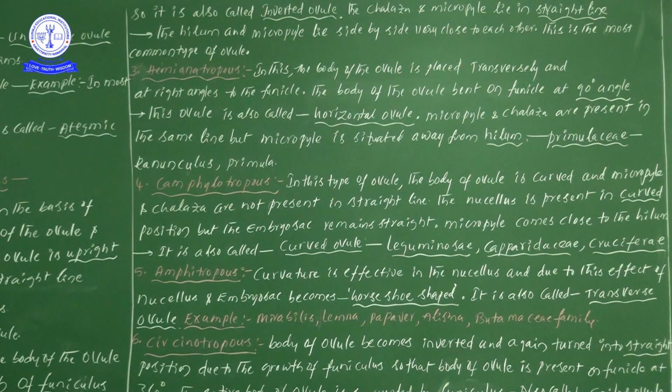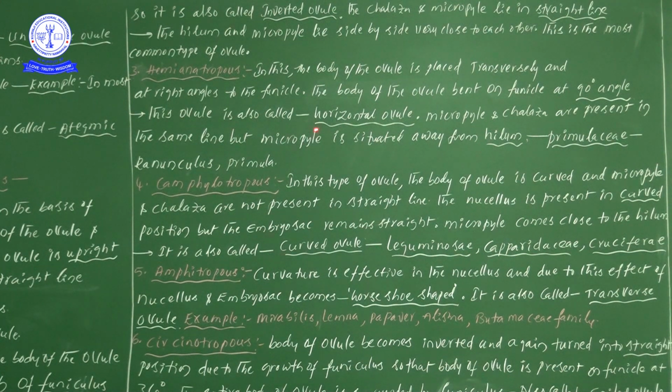Right angles to the funicle. Next, the body of the ovule is bent on the funicle at 90 degrees, which means perpendicular. On the funicle line we can see the body of the ovule arranged at 90 degrees.